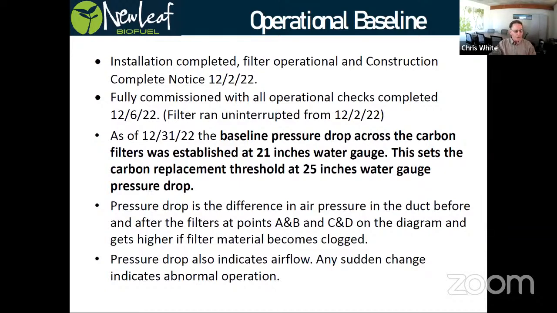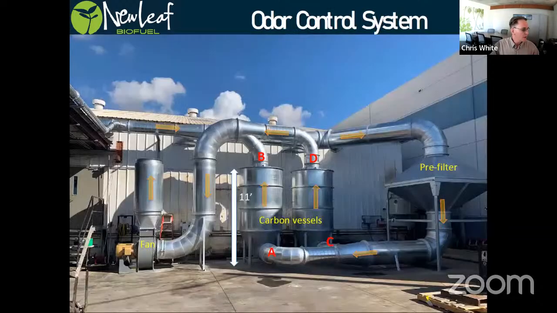If you just go to the next slide, please. So this is how we measure the pressure drop. We have a pressure sensing pipe at each side of the carbon vessel, and we just put that to a gauge, and it tells us the difference in pressure at the inlet and outlet side. And that's useful to us in a number of ways. First, it can be an indicator of the carbon performance, but it's also an indicator of airflow in the system.